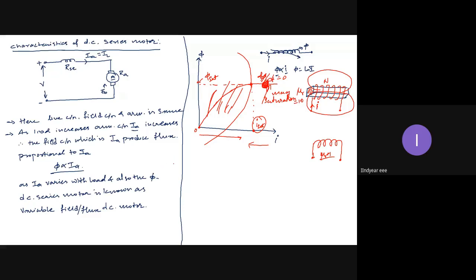With the characteristics of the DC series motor, the same three characteristics that we saw for the shunt motor, we will look at again. So the first characteristic is torque versus armature current, the Ta-Ia characteristic.